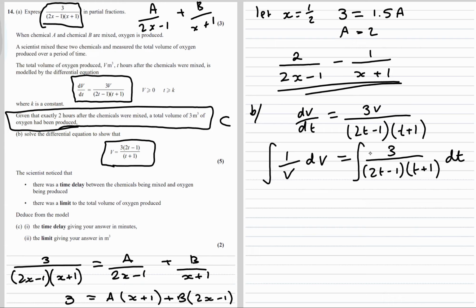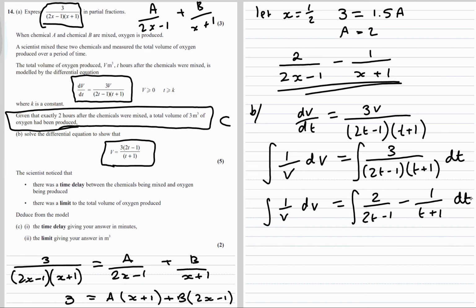And the 3 over (2t minus 1)(t plus 1) we can change using our answer to part A. So we've got 1 over V dV, and we've got the integral of 2 over 2t minus 1 minus 1 over t plus 1 with respect to t.